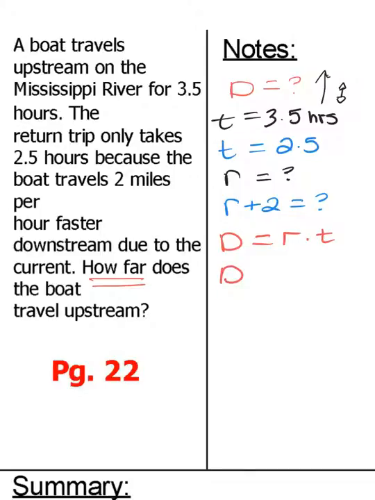Up and downstream. So maybe I can set them equal to each other because you're going to be traveling the same distance, so they're going to be set equal to the same thing. And if they're equal to the same thing, then I can set them equal to each other.